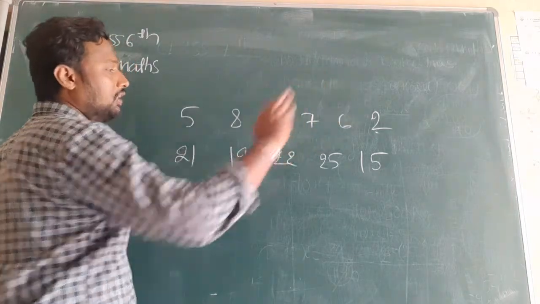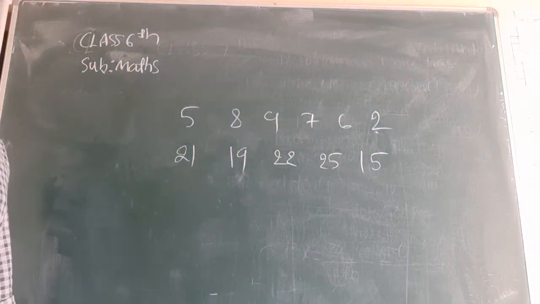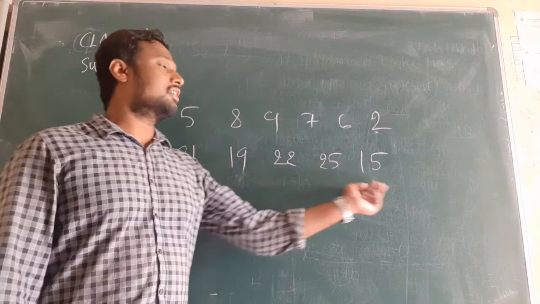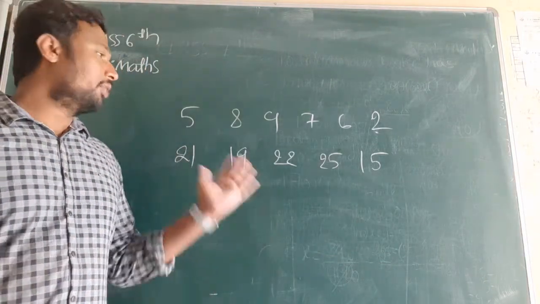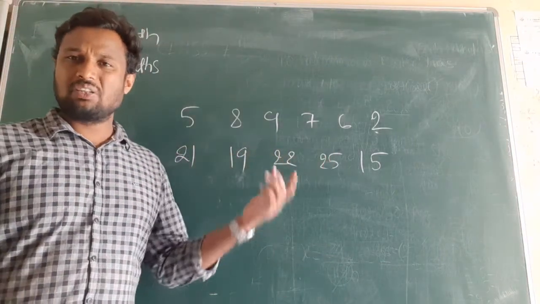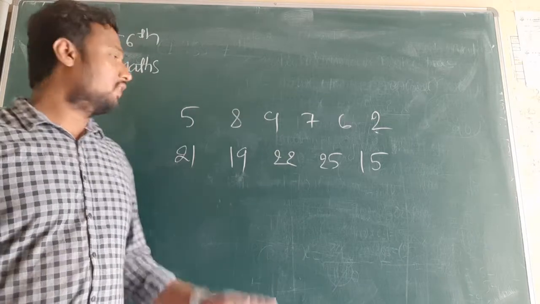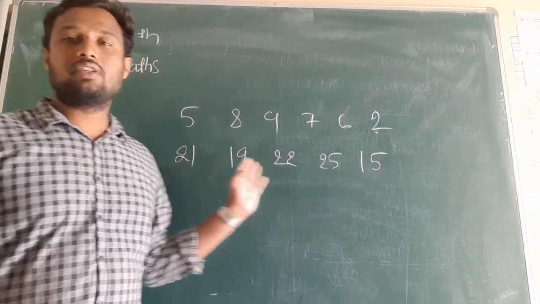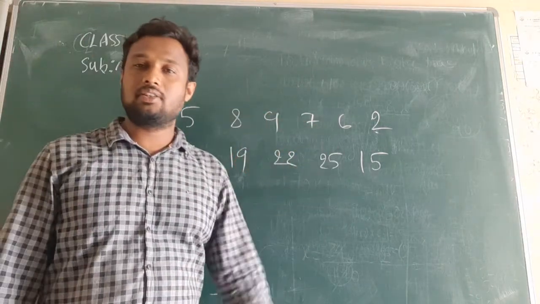Here we have only 5 numbers, so easily we can judge which is the greatest number and which is the smallest number.